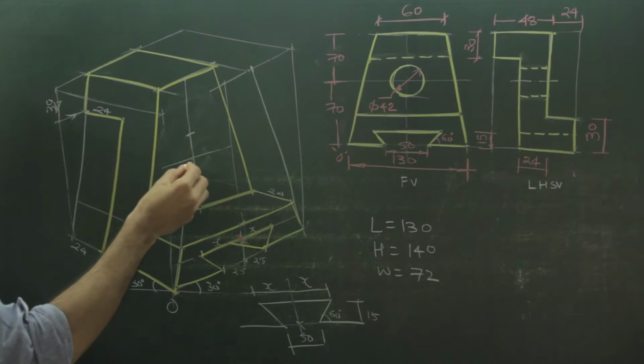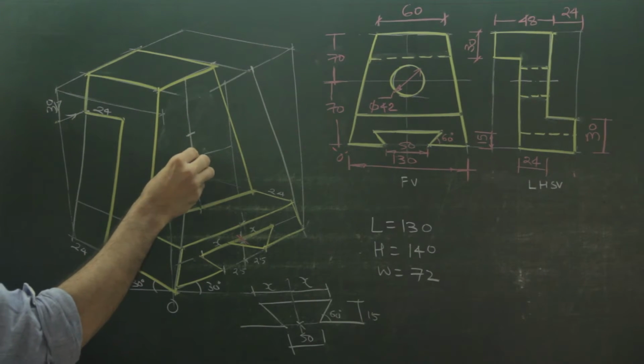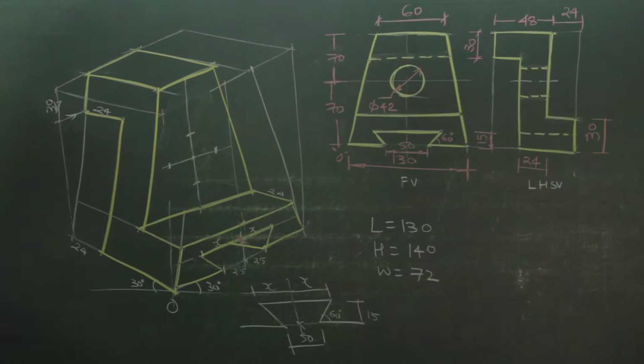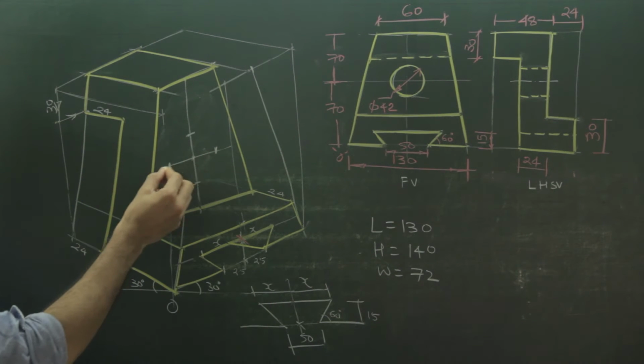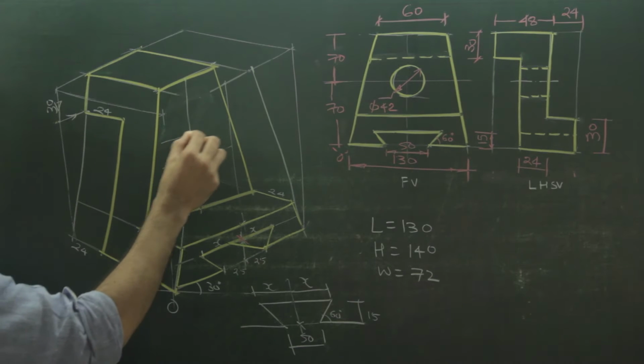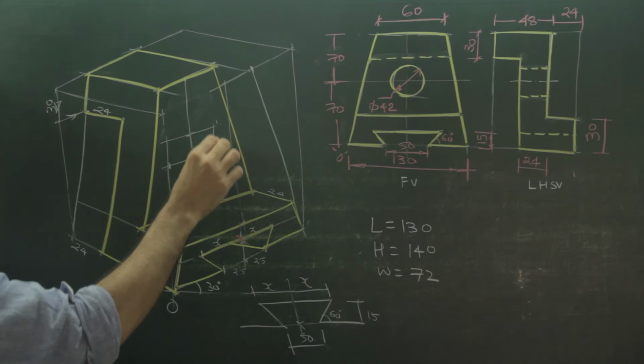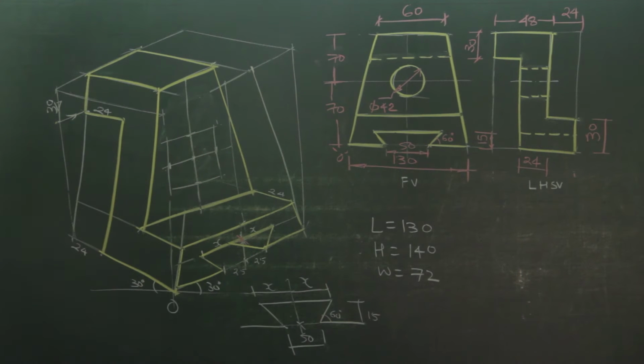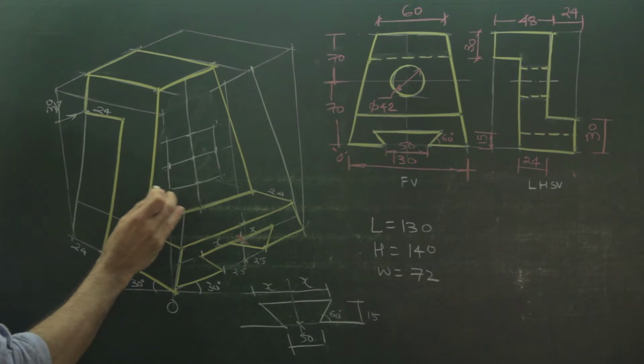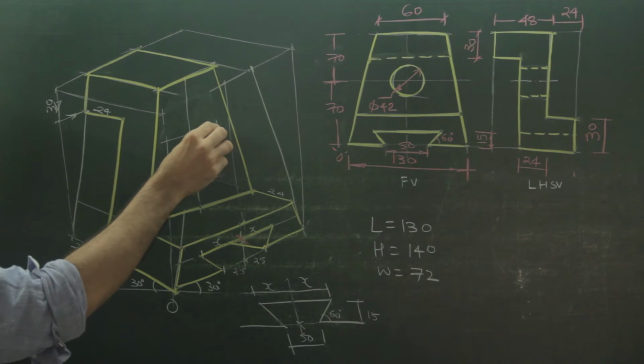After drawing the center, we'll take 24 up, 24 down. Then we'll take 24 left, 24 right. We'll draw a rhombus. Now all of you know how to draw a circle in a rhombus. First we will draw the longest diagonal.